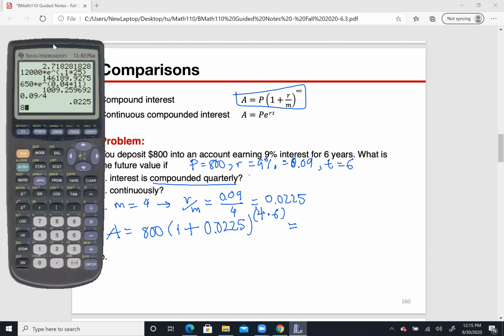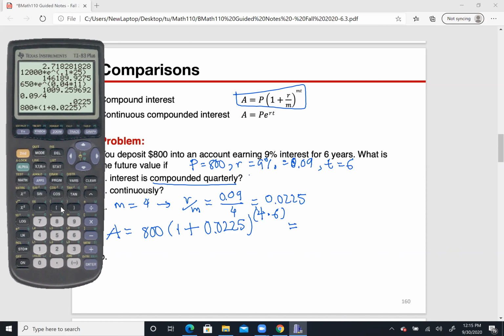So 800 multiplied by parentheses, 1 plus 0.0225. Then close the parenthesis and to the power.